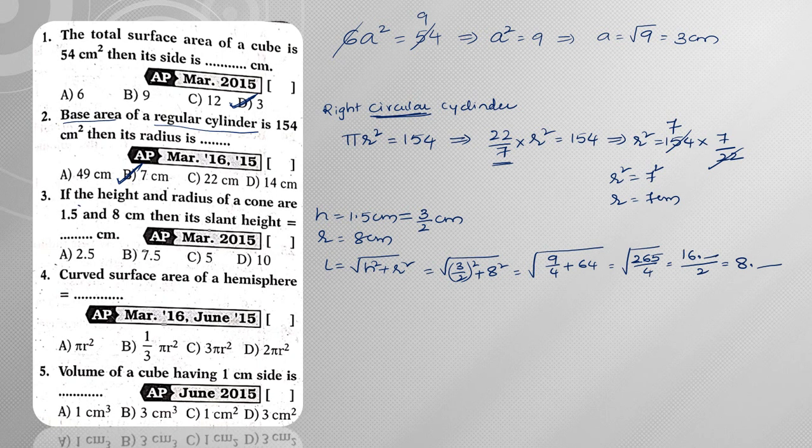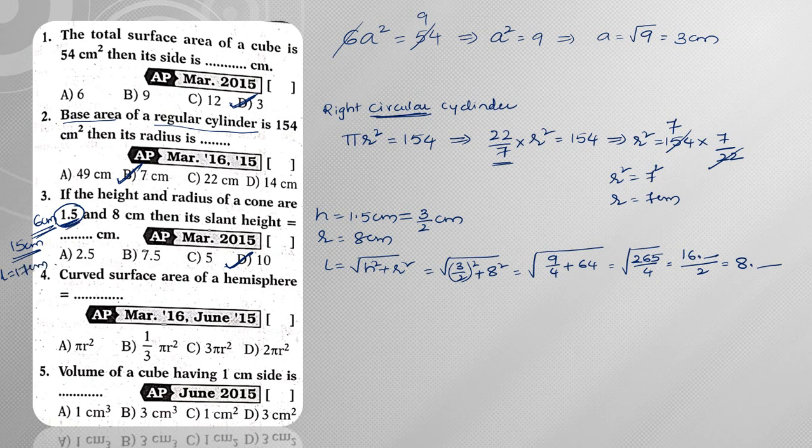Suppose I change this 1.5 centimeters to 6 centimeters, then my slant height would be 10 centimeters. Or if I change it to 15 centimeters, we have a Pythagorean triplet 8, 15 and 17, so l would be 17 centimeters.